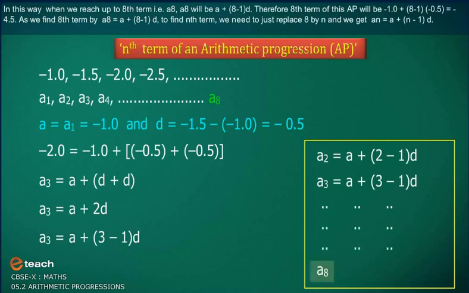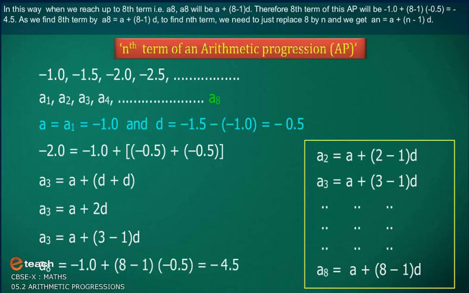In this way, when we reach the 8th term, that is a8, a8 will be a plus into bracket 8 minus 1 d. Therefore, the 8th term of this AP will be minus 1.0 plus into bracket 8 minus 1 into bracket minus 0.5, which is equal to minus 4.5.